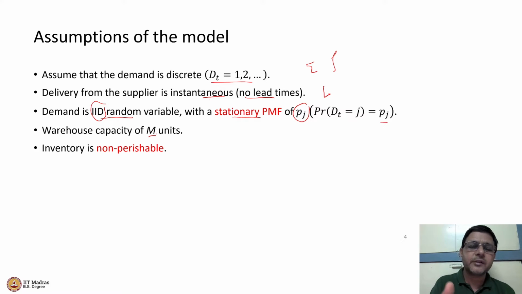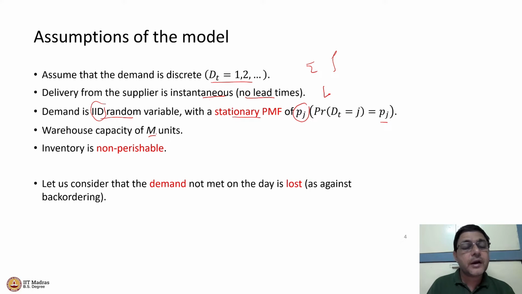The only thing is, the more I store, the more I will incur the holding cost or the carrying cost, right? Those are the assumptions. We are also going to assume that demand that is not met on that particular day is essentially lost, as against back ordering. Remember, we had looked at back ordering previously.